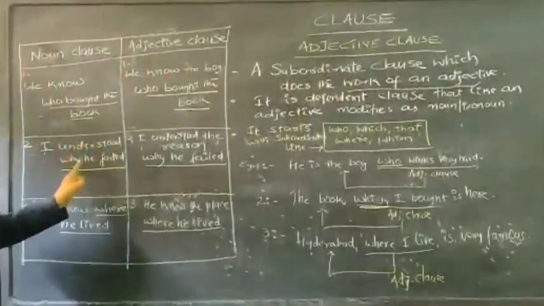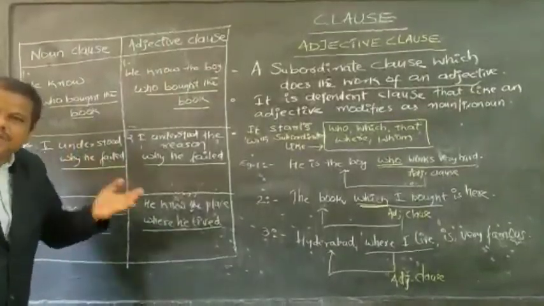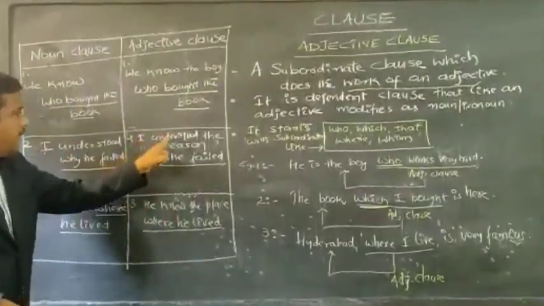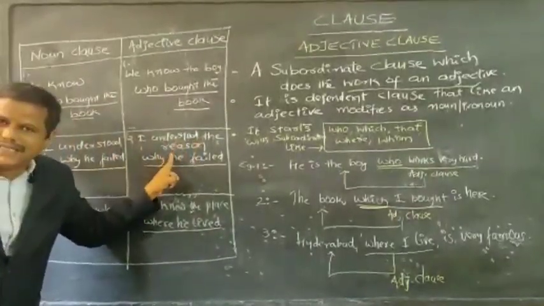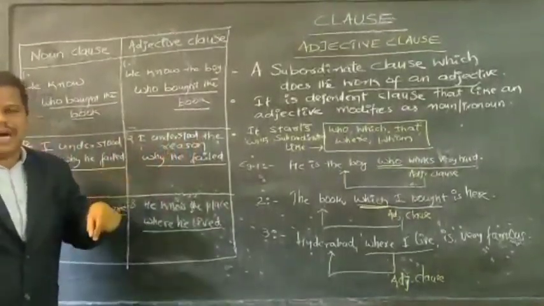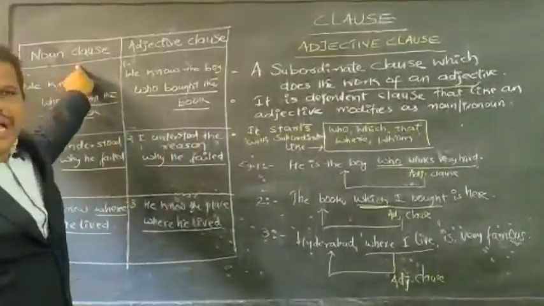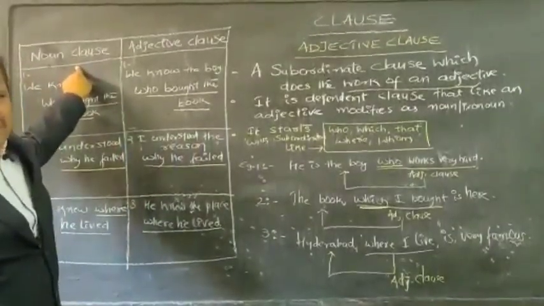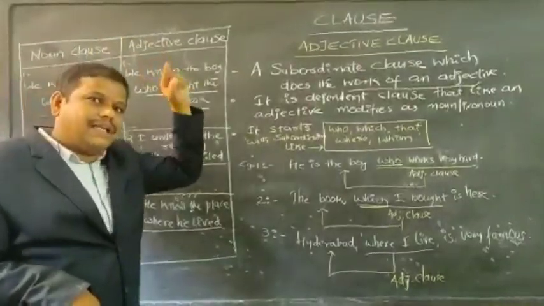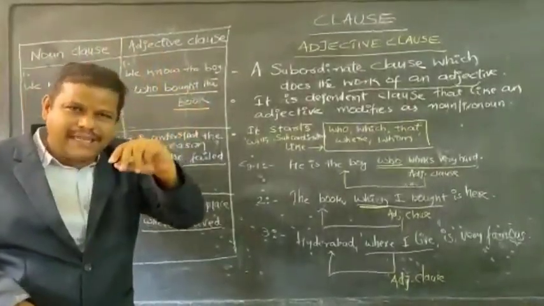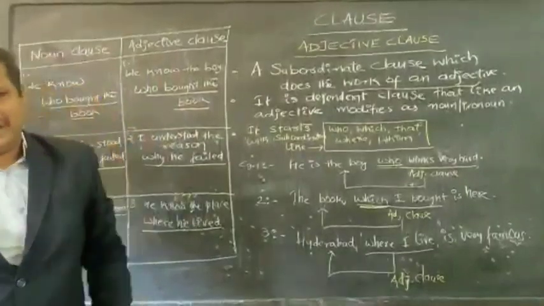I understood why he failed. There is no antecedent in this. I understood the reason why he failed. The reason is the antecedent. When you are using the noun class, it follows directly without an antecedent, and when you are using the adjective class, it follows with an antecedent plus an adjective class.